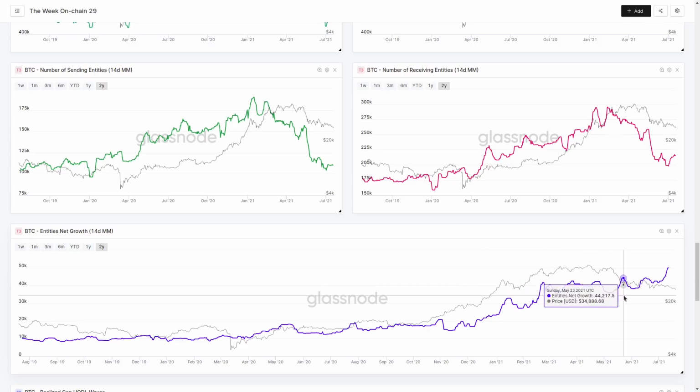We then saw a plateauing of that, where it's essentially describing this match between supply and demand. And what we're actually seeing at the moment is fewer people are destroying the entities on chain, fewer people are spending their coins, fewer people are emptying their wallets, and more people are continuing to come in. So this is what we mean when we talk about net entity growth and what that's trying to describe.